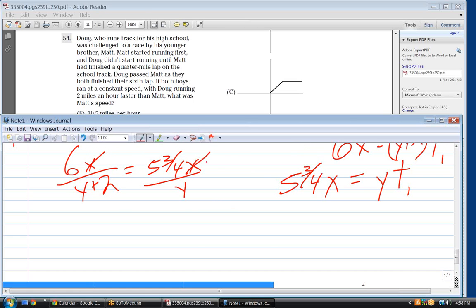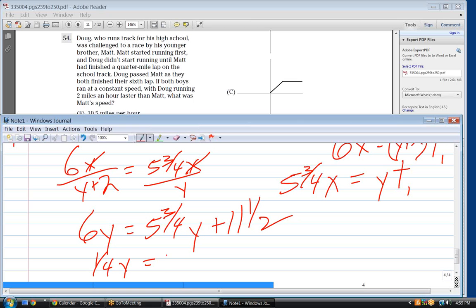I can cross that out with that, and now I have 6y equals 5 3/4 y plus 11 1/2. Subtract this from both sides, and you got 1/4 y equals 11 1/2. Y must be 46 miles per hour.